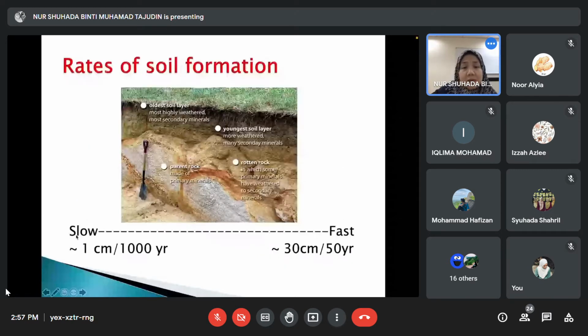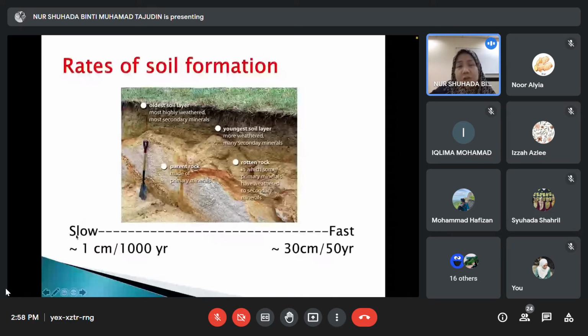But for it to form an obvious layer, or what we call a matured soil, it takes about thousands of years. But it also can be fast, especially in areas exposed to anthropogenic activities. Because with anthropogenic activities, you fasten the rate of soil formation, which is actually not good.